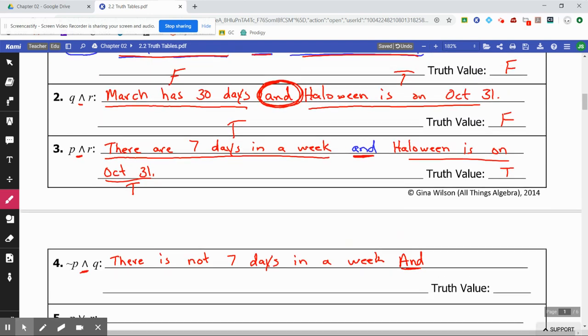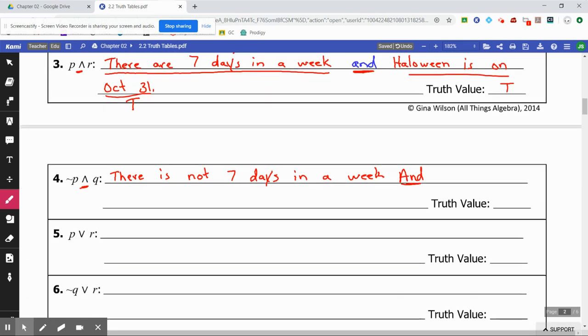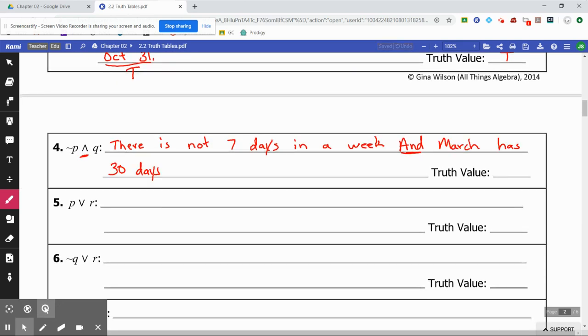And then you have Q, and Q was March has 30 days. So let's talk about the truth value of this whole thing. There is not 7 days in a week. That is false. March has 30 days. That is false. So since it's an and, in order for this to be true, they both had to be true. Well, they're both false, actually. So the truth value here is definitely false.